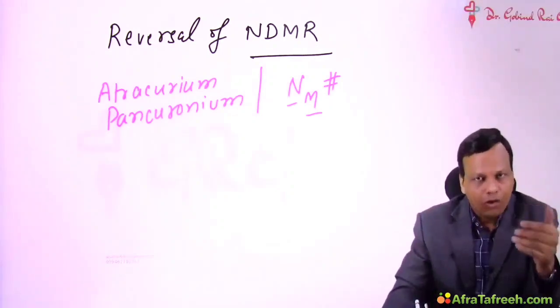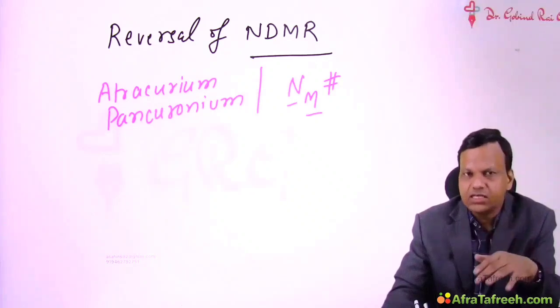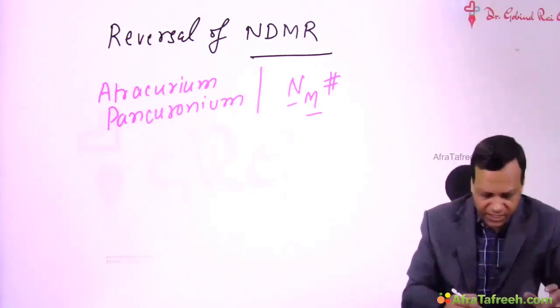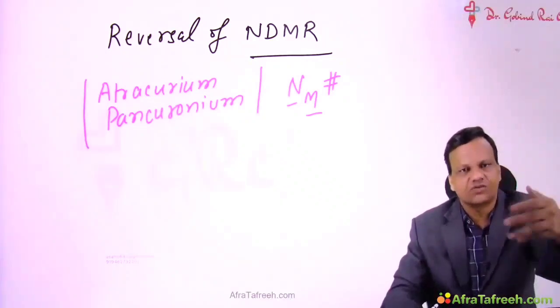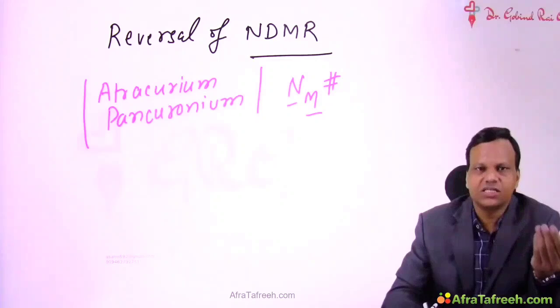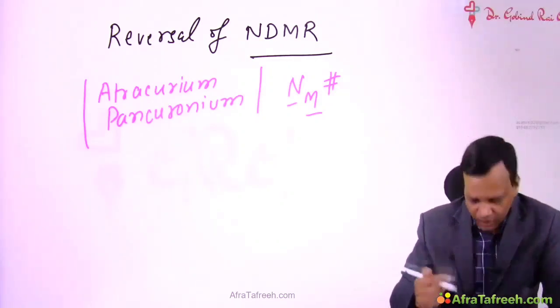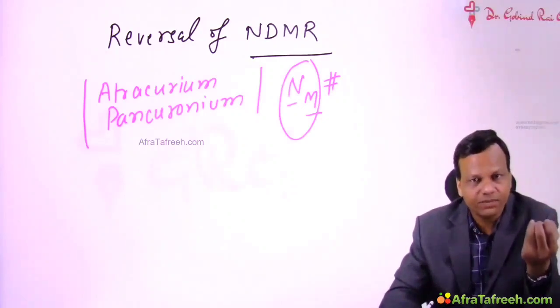So now we have started a surgery, we have given a muscle relaxant, and surgery is over in half an hour or 1 hour or 1.5 hours. But the muscle relaxant keeps on working for a longer period, maybe 6 hours, 10 hours, 20 hours. So after the surgery is over, we want the muscle to work. So how will they work? If the NM receptor is stimulated, and which substance stimulates the NM receptor?